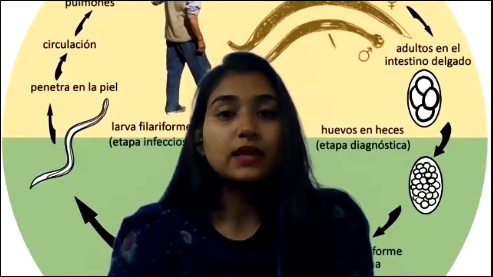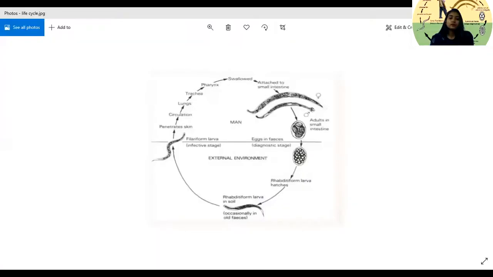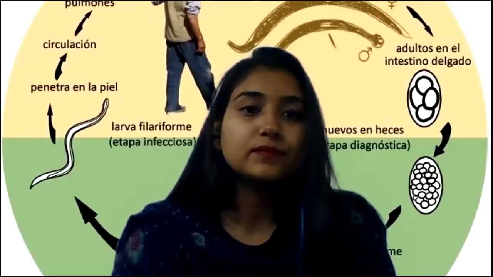So, next is life cycle. In the life cycle, no intermediate host is required. Man is the only definitive host for Ancylostoma duodenale.